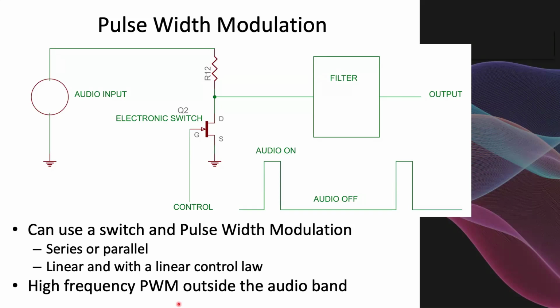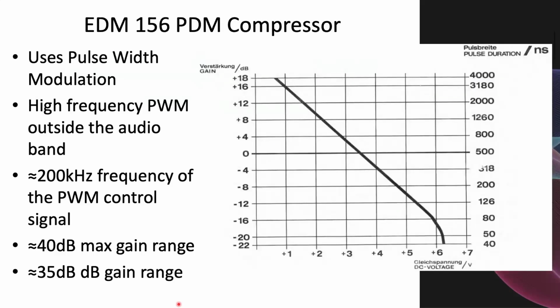You use a very high switching frequency, typically on the order of hundreds of kilohertz, outside the audio band, so you can then filter out the high frequency signal. And this is just an example compressor that used pulse width modulation at about 200 kilohertz for the frequency of the control.